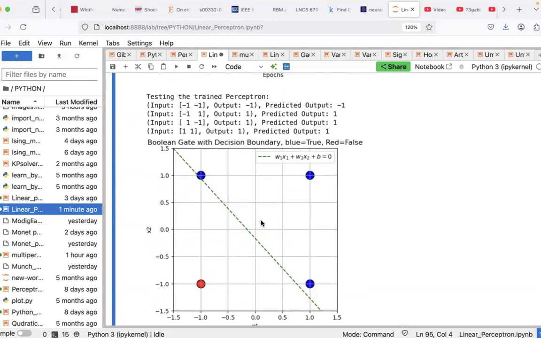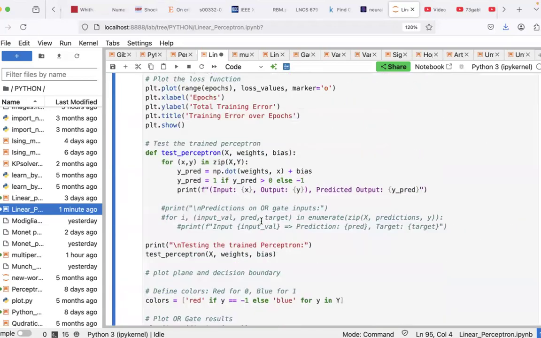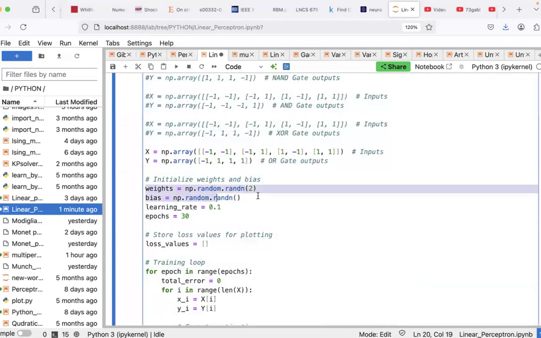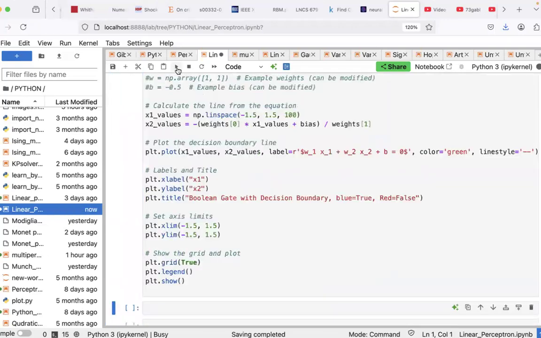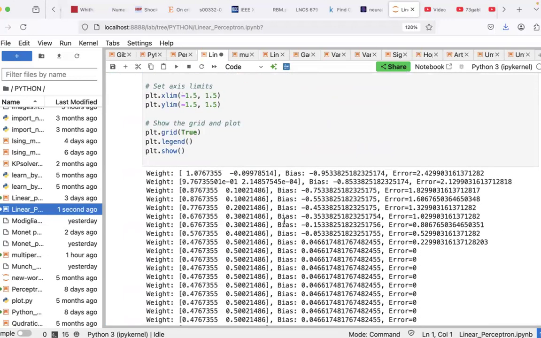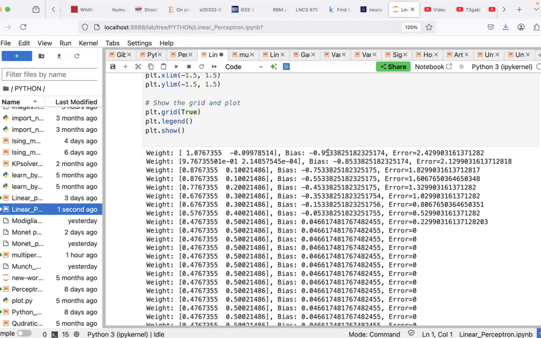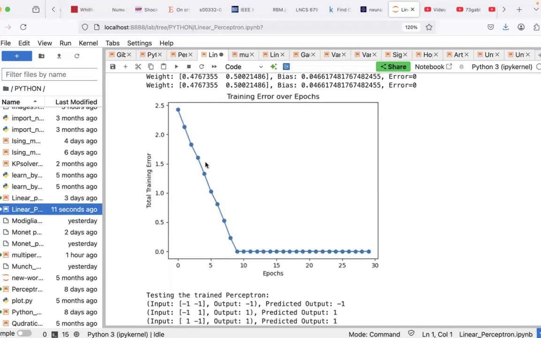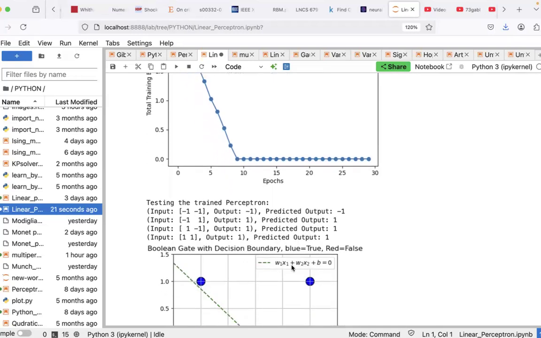And of course, this line is not unique. For example, if we rerun the code, remember that initially it has random weights. If we redo it, you see that because the initial conditions are different, it took a little bit longer for the algorithm to converge, but we got convergence in 9 iterations, and the predictions are still good.